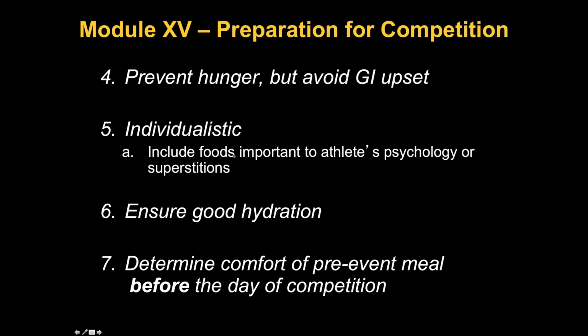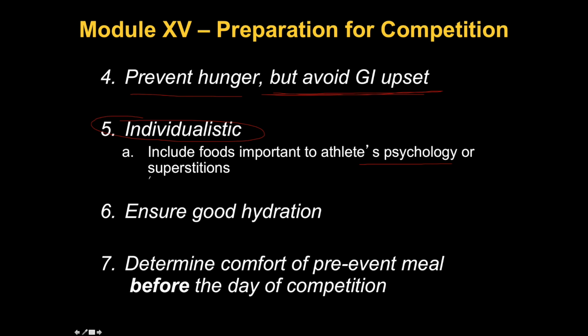We want to make sure that we do prevent hunger. That's important. A hungry athlete is going to perform less optimally, but we also want to, again, avoid that gastrointestinal upset. And I can't say this enough, the individualization of the diet is so important because we want to make sure that the food that the athlete is consuming is to their liking because that's going to affect their psychology.